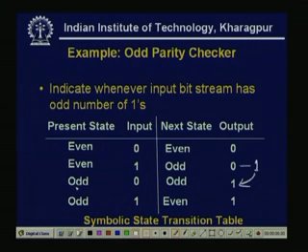Similarly, if the present state is odd and input 0 has come, obviously the next state is odd because input 0 arrives, then also there is a one output. So this is again a one output, and in the next clock cycle it will be taken as the output.